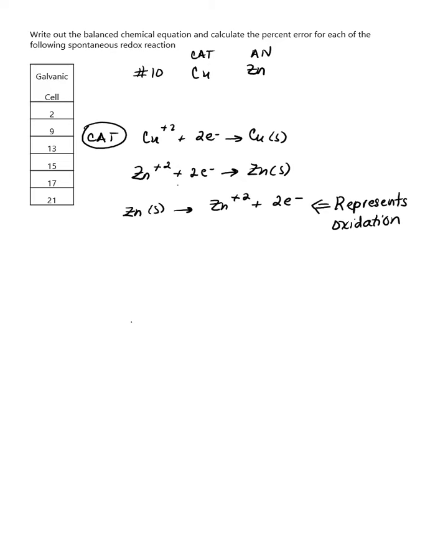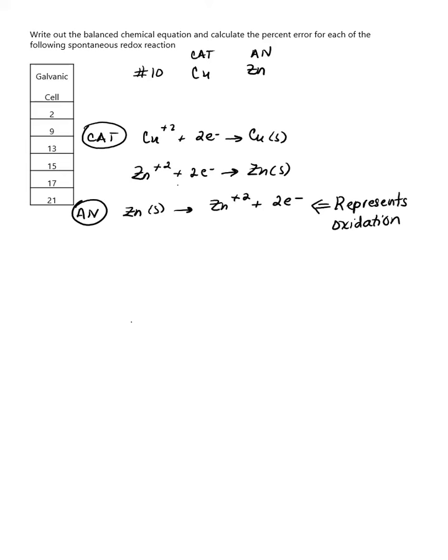Now, when zinc is being oxidized, you're forming the ion of zinc, losing 2 electrons. So zinc solid becomes zinc plus 2 electrons when it is being oxidized. This is the reaction that is happening in the anode.